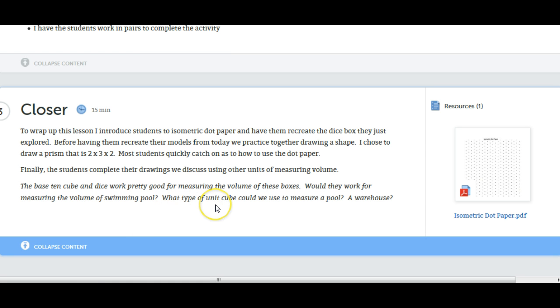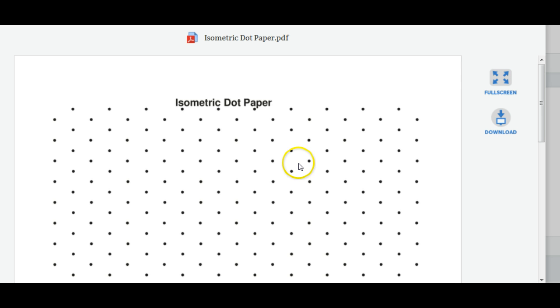To wrap up the activity, I have the students use isometric dot paper. Isometric dot paper is just an easy way to make boxes on paper.